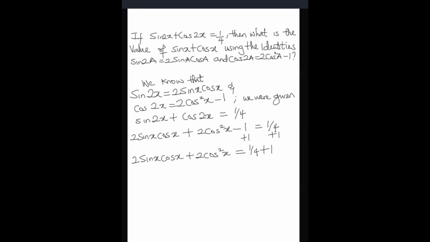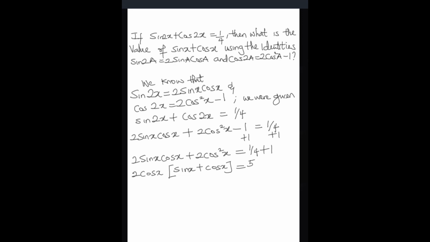I can see conveniently that 2 cos x is common between 2 sine x cos x and 2 cos squared x. So if I factorize 2 cos x out, I have just sine x plus cos x left. Then 1 over 4 plus 1 is simply 5 over 4.